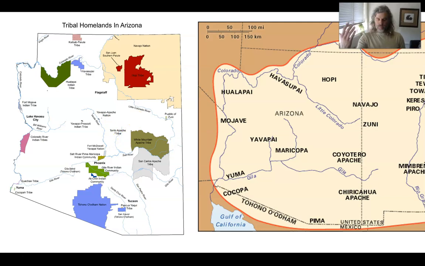The West had a great diversity of people that lived in it. There are Native Americans throughout society in Arizona. There are some very large reservations, and they influence the culture and economy of the state in a very significant way.